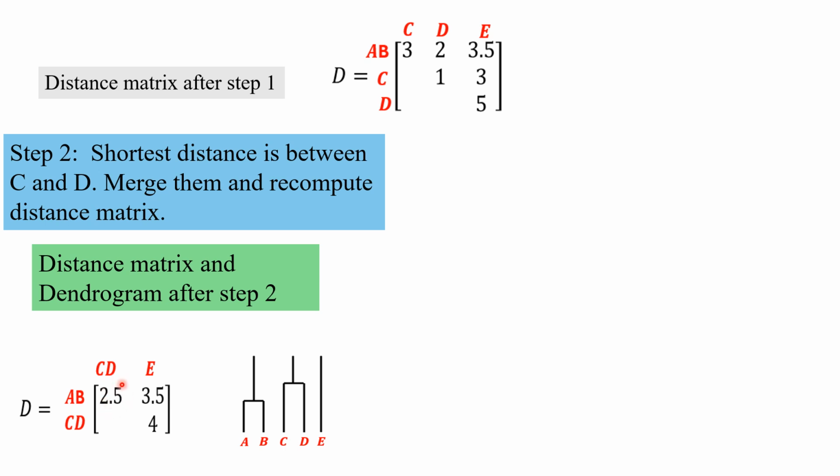AB to CD would be taken as the average of AB to C and AB to D. AB to C is 3, AB to D is 2, so the average is 2.5. AB to E we already have. Similarly, CD to E is the average of C to E and D to E, 3 plus 5 by 2, which is 4. So we get 3 clusters, and this is the distance matrix.